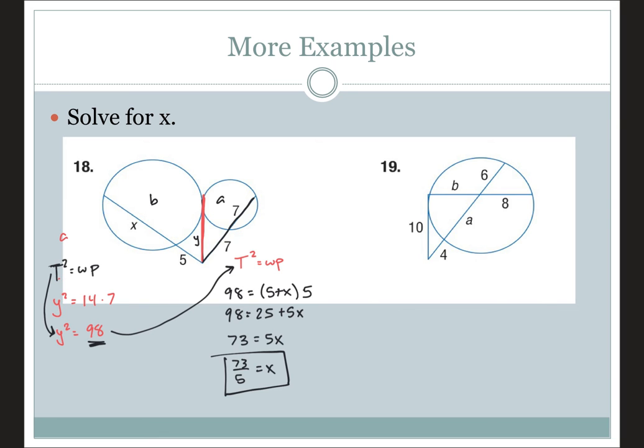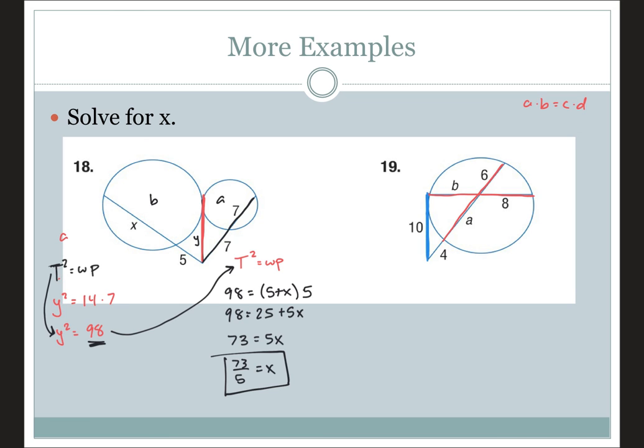Now, this last problem has a couple of steps. So, right away, I can see that I have a chord and a chord. Okay, so I can do the chord times a chord. So, A times B is equal to C times D. But then I also have this tangent line right here.